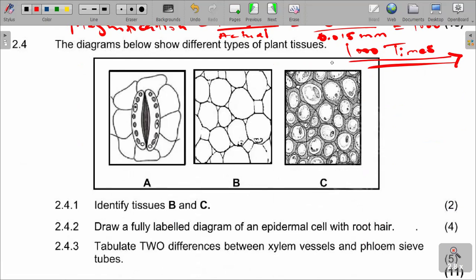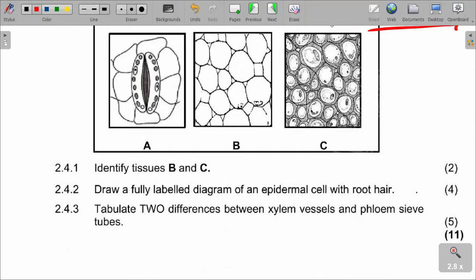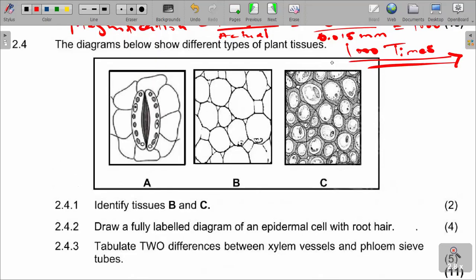So we are given diagrams of types of plant tissues here. And then the question is saying, identify tissues B and C. You can see B is the parenchyma, and then C, you can see is the collenchyma.